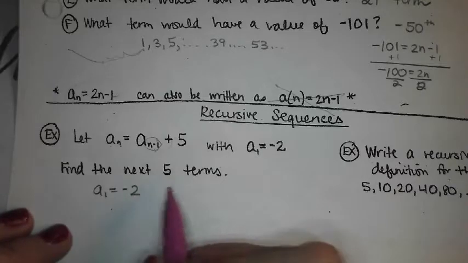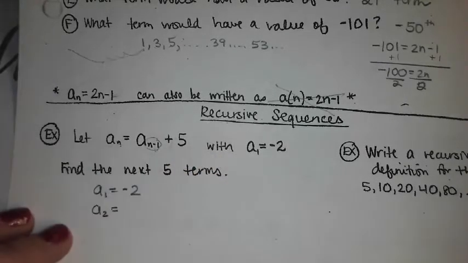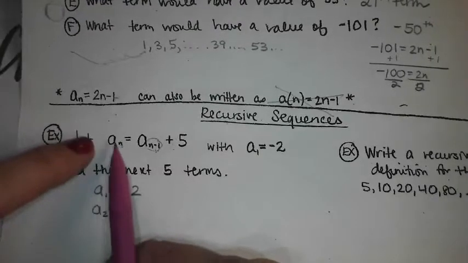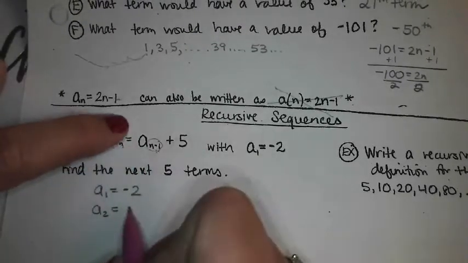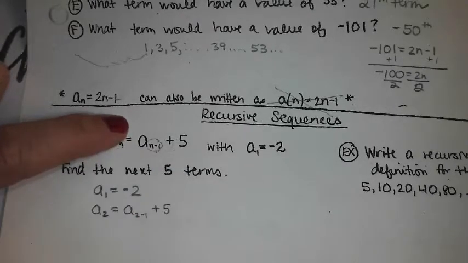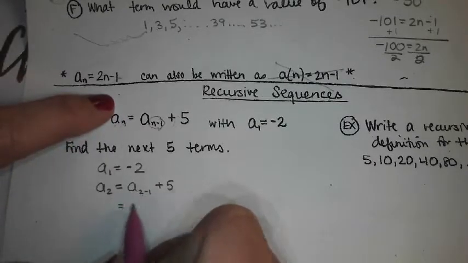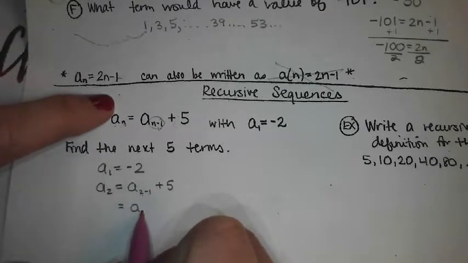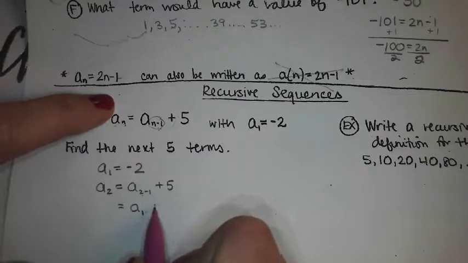Okay? So find the next 5 terms. So to find the second term, if we're using this explicitly, a sub 2 would equal a sub 2 minus 1 plus 5. But what happens with your subscript? 2 minus 1 is 1.